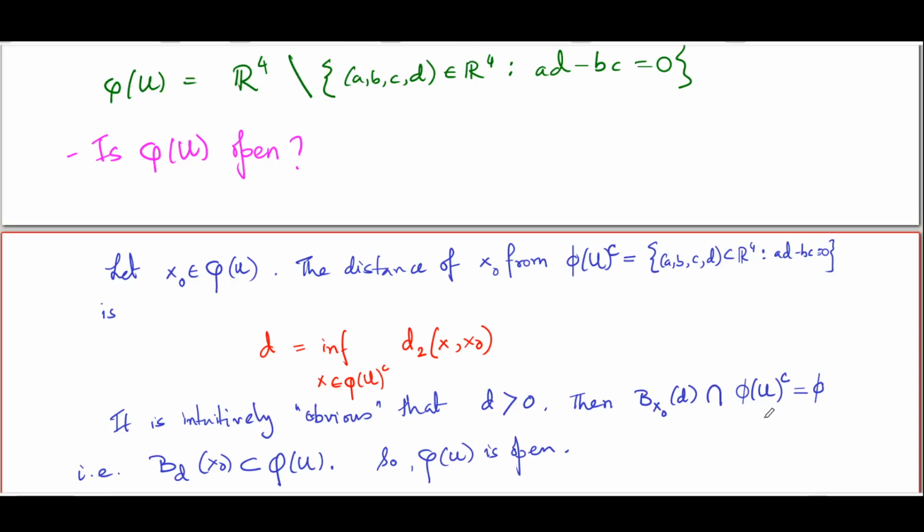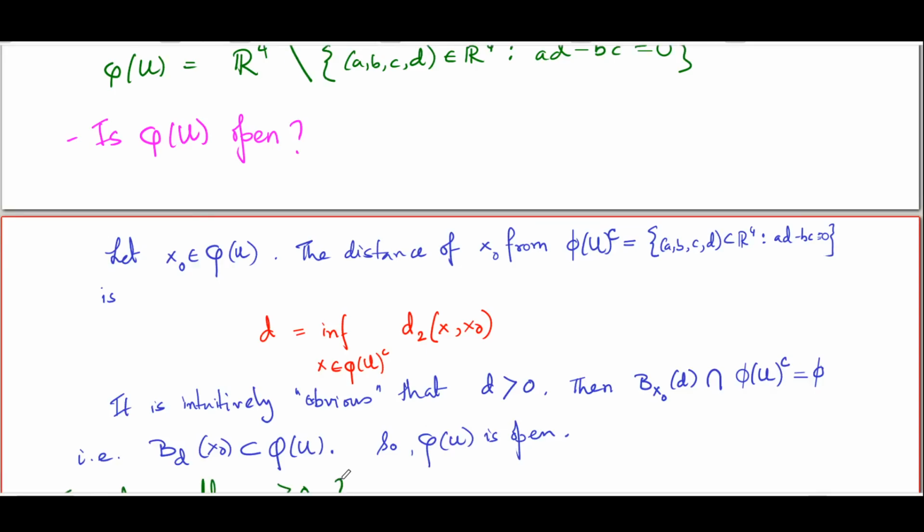In other words, since all points on phi u c are at least a distance d away from x0, B(x0, d), which is a collection of all points within a distance d from x0, must have no point in common with phi u's complement. And so, this particular ball B(x0, d) will be a subset of phi of u, and then you're done.